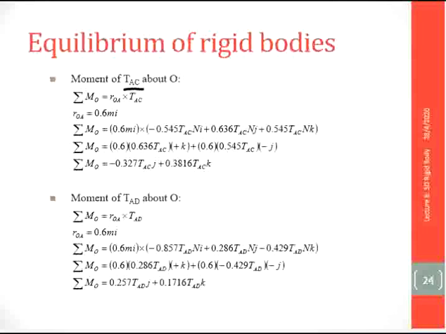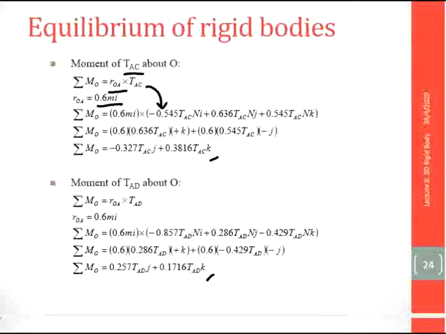The rOA is 0.6 meter i, and this is TAC, so it's a cross product, and it becomes this. This is the moment due to TAC, and the moment due to TAD we get here. This is the equation for the moment of TAD.